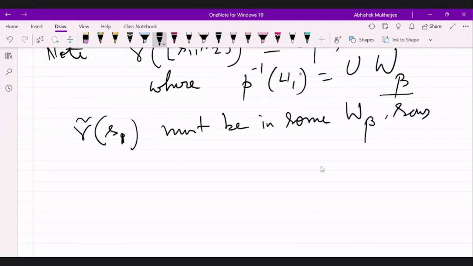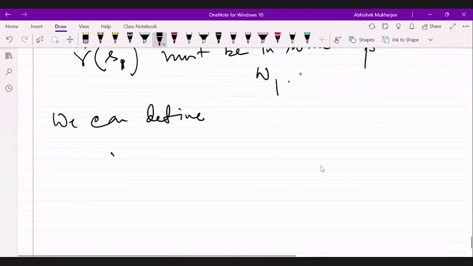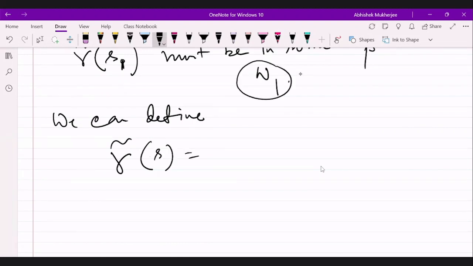Say, let us call it W1. So along the same line as above, we can define that map over S1 to S2 by means of this slice W1 and taking the restriction of that covering map over this W1. So that will be a homeomorphism. So therefore we are taking P restricted to W1 inverse of gamma.